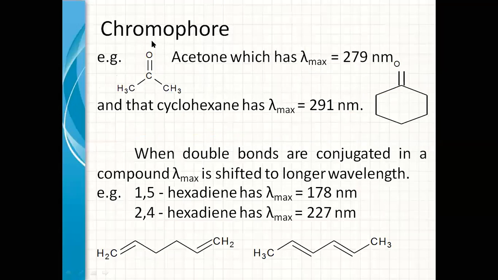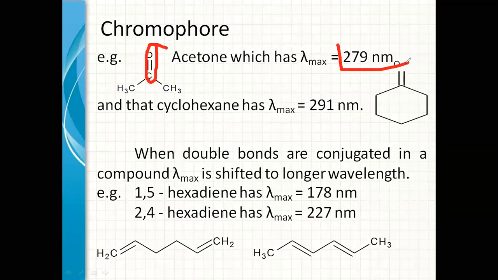See, this is an example of a chromophore, this group you see here. For example, acetone has lambda maximum 279 nanometer.